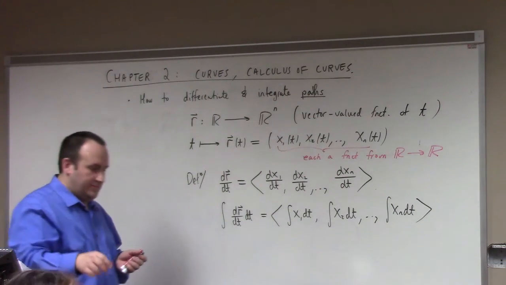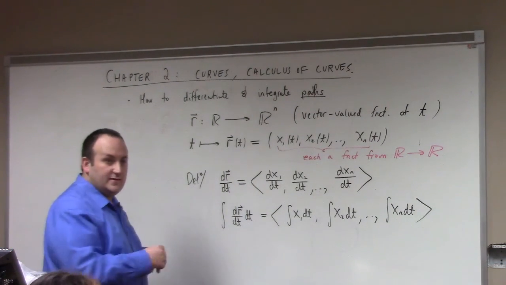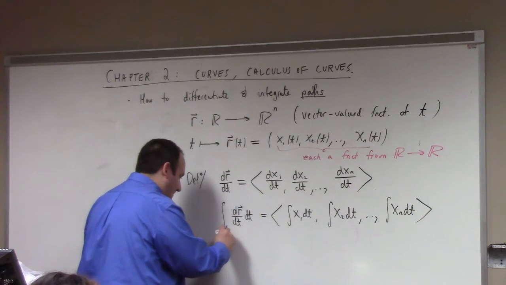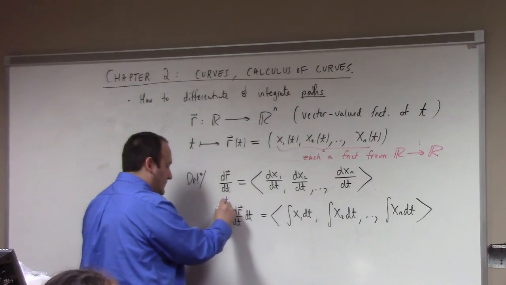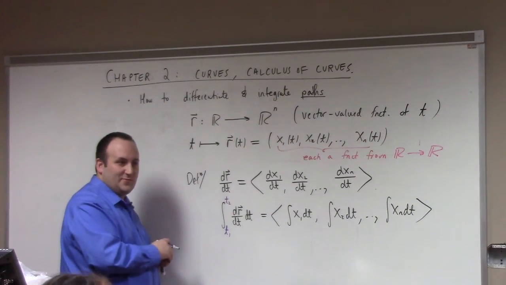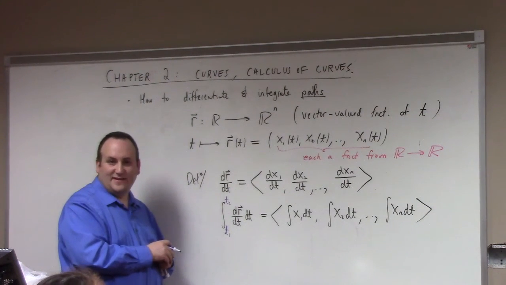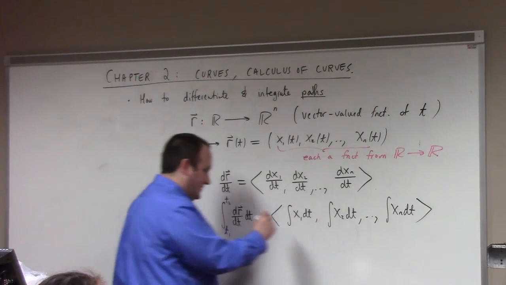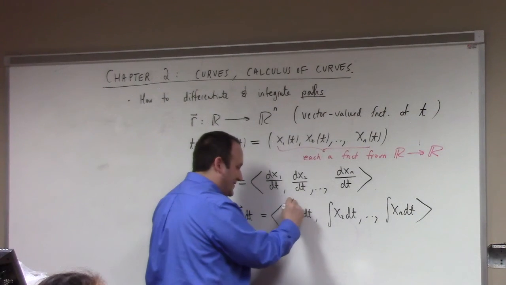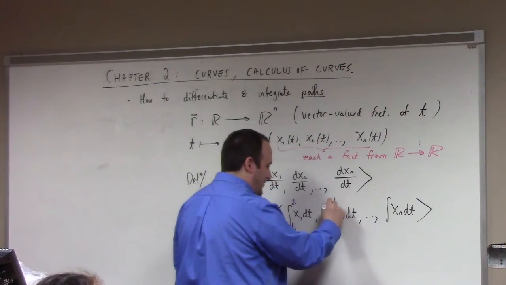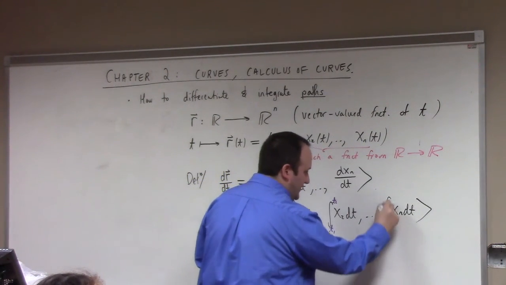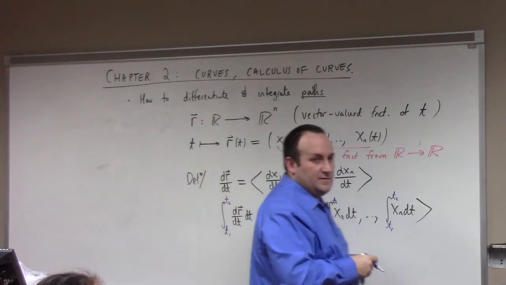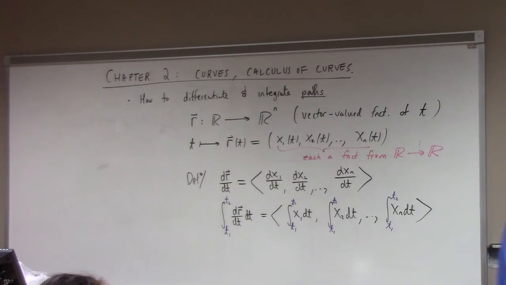Like what if I put some bounds on this, say from time 1 to time 2? It's not that surprising really: time 1 to time 2, time 1 to time 2, and so on. So there you go. These are definitions.